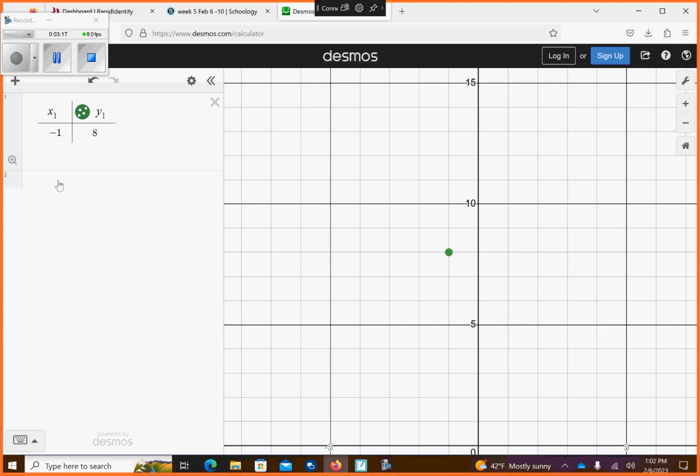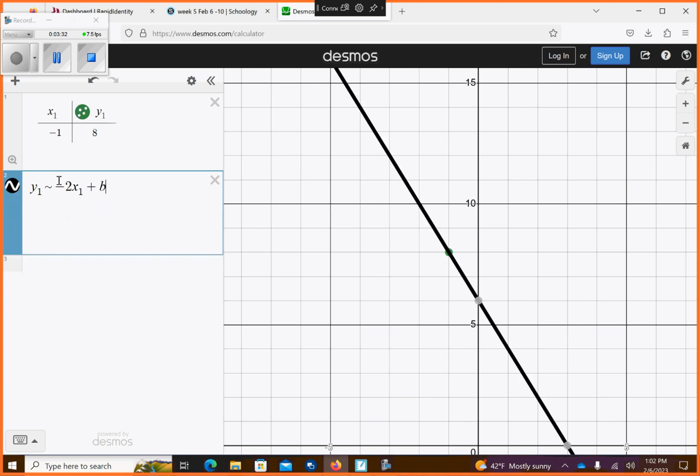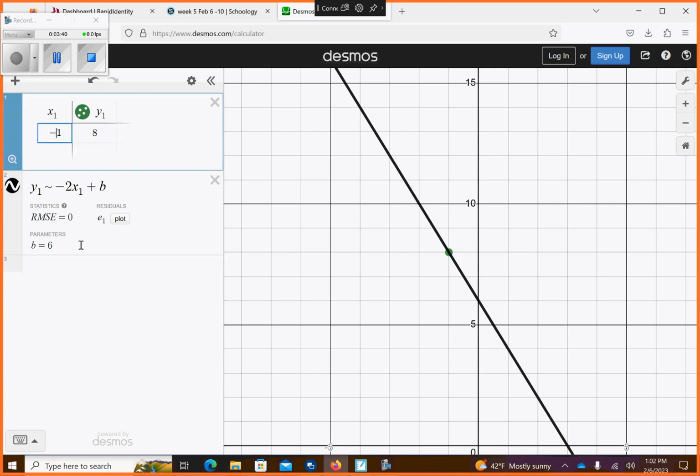So you have y equals mx plus b. But what you have to remember, you go y1 tilde. They gave us m, they gave us a slope. So we're going to go -2x1 plus b. And so your equation that contains that point is y equals -2x plus 6. And that's it.